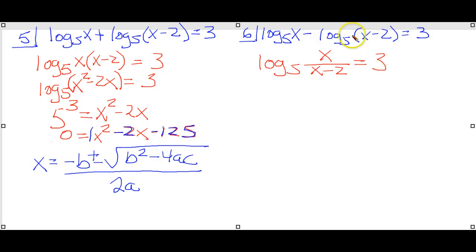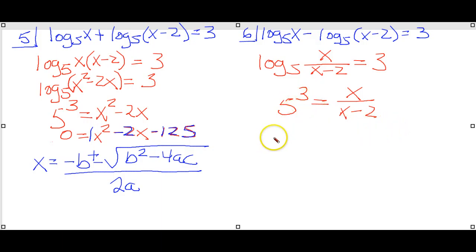And the way to do it is to put it in its logarithmic form. Our base is 5. Our exponent is 3. And that equals x over x minus 2.